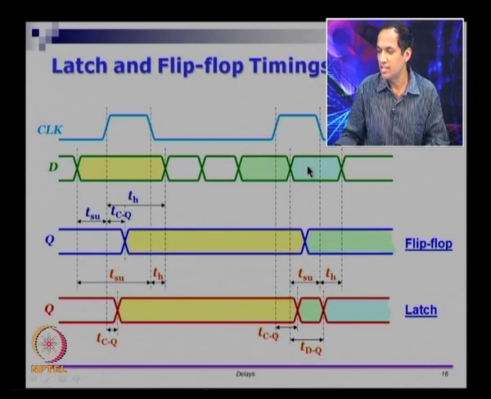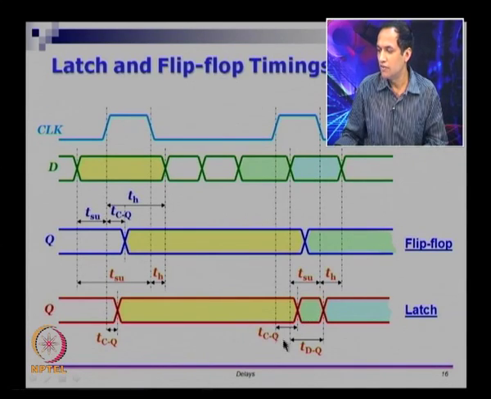When the data input changes, then you can go and measure the time difference between when the change in the data input was observed till when the corresponding output changes. So, in this case what happens is you see part of the blue and part of the green in the output waveform here.